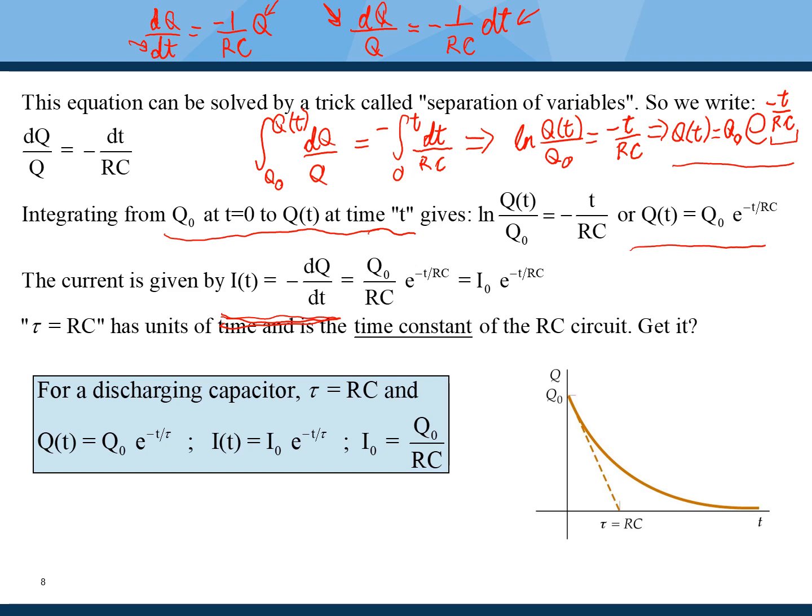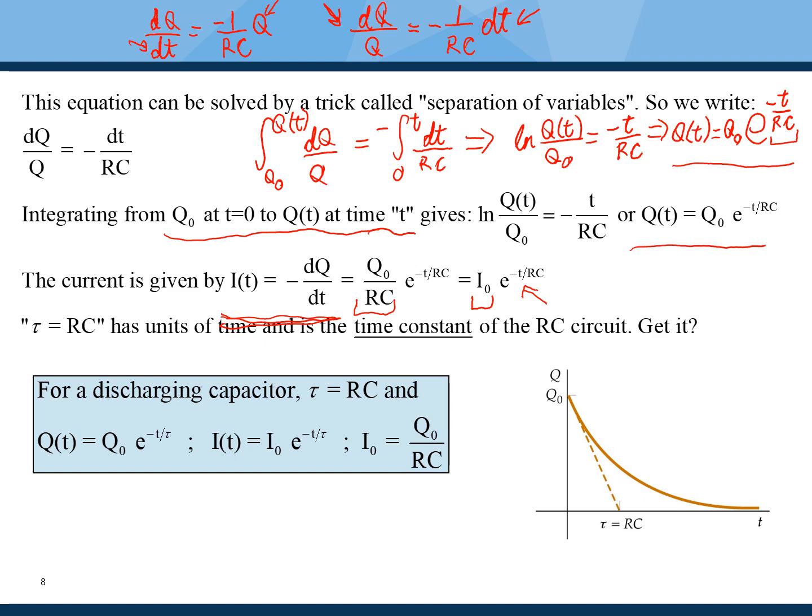And this tells us that we have Q0 divided by RC. Notice from the previous transparency that Q0 divided by RC is just the initial current flowing through the resistor. And that current is going to decay exponentially with time.